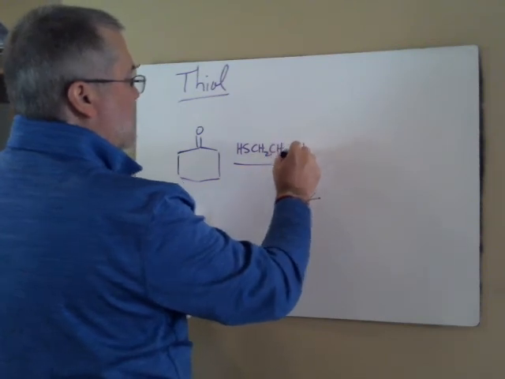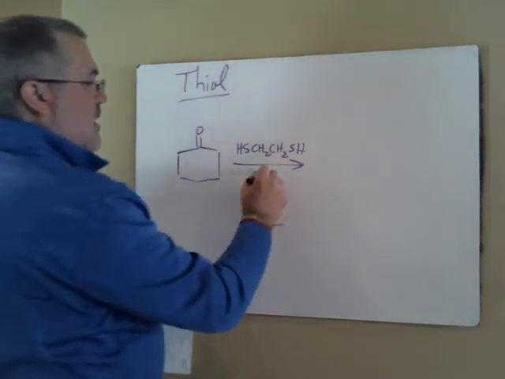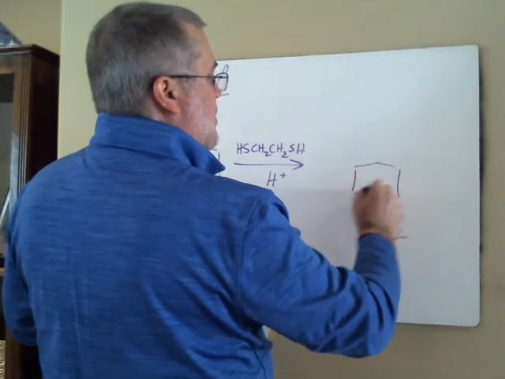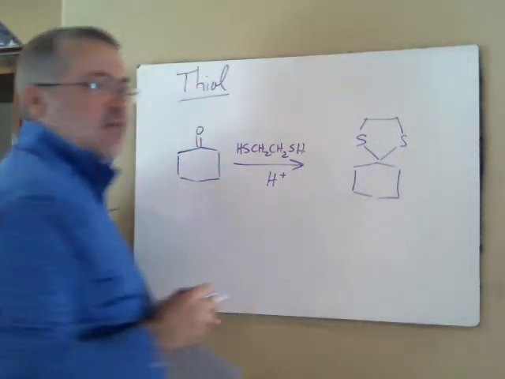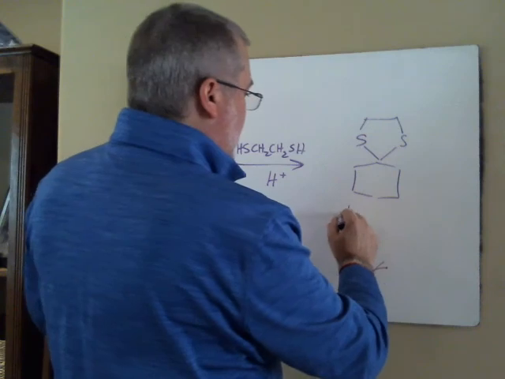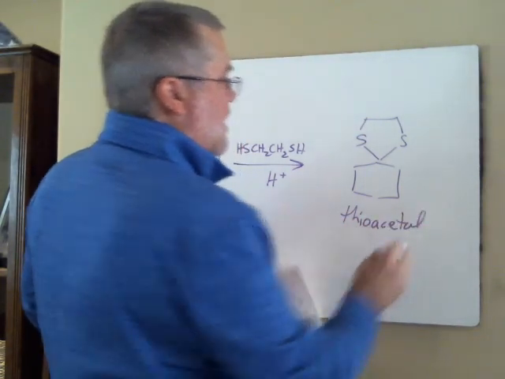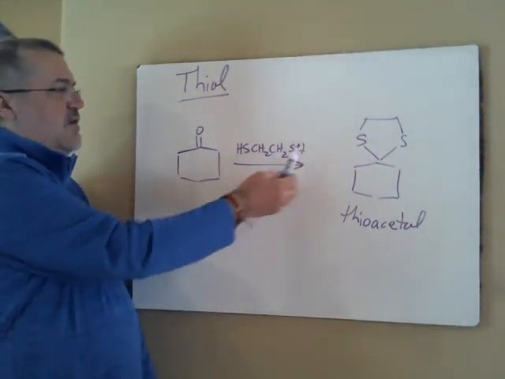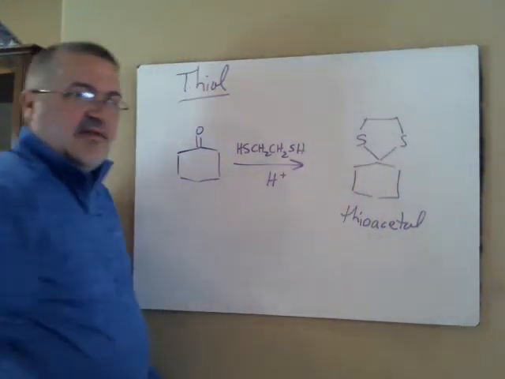I'm going to put my two equivalents of thiol on the same molecule, and it's acid catalyzed. And so you can form this called a thioacetal. But it's basically the same reaction. They're adding two equivalents of the thiol, exactly the same mechanism, ending up at this acetal.